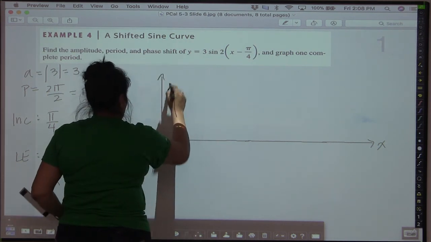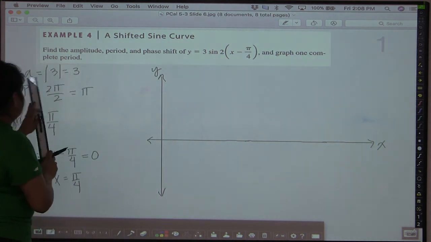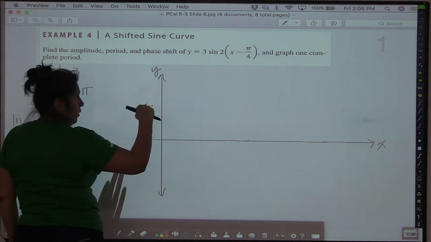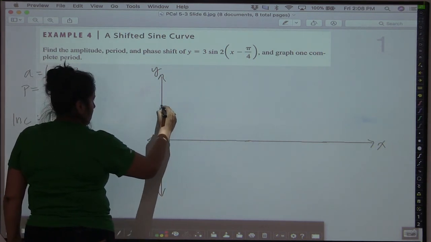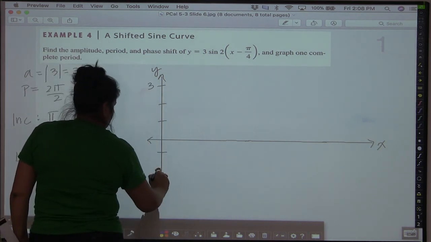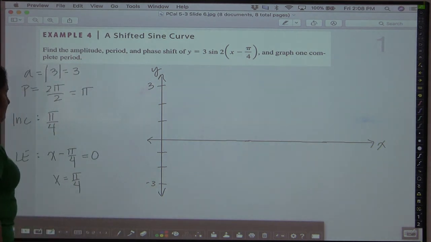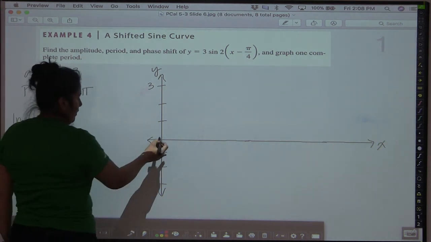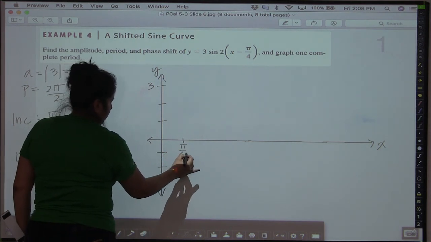And so let's just go with the y-axis first this time. Because my amplitude is 3, and I have no vertical shift, I'm still starting at my middle, but I'm going 1, 2, 3, and then I'm going 1, 2, 3, and then I'm not starting at 0. That's the biggest thing, is I'm not starting here. I'm starting at roughly pi over 4 there.